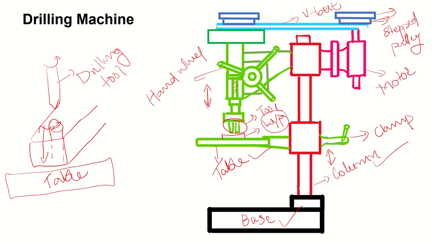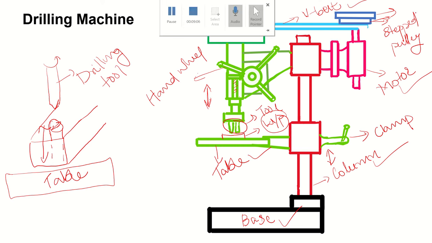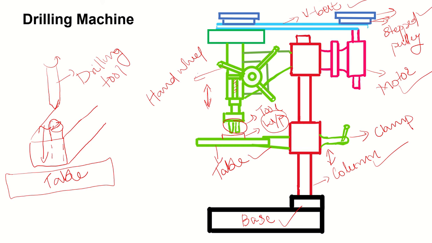Then to drive the tool, a motor is connected to the column, and to achieve different speed reductions, a stepped pulley with a V belt is given. After that you need to connect the entire attachment to the tool, which consists of a hand wheel, so that the tool can be raised up and down depending upon the feed. So these are the main parts of a drilling machine.